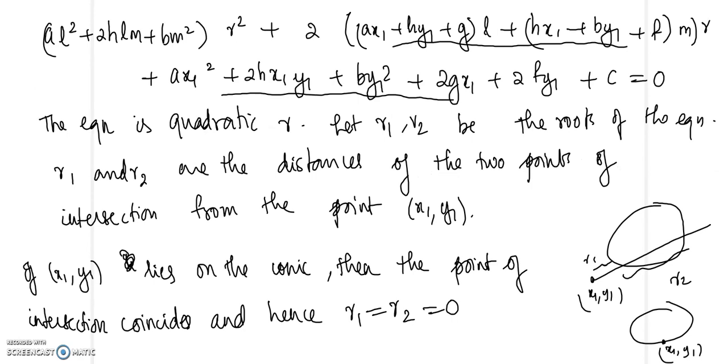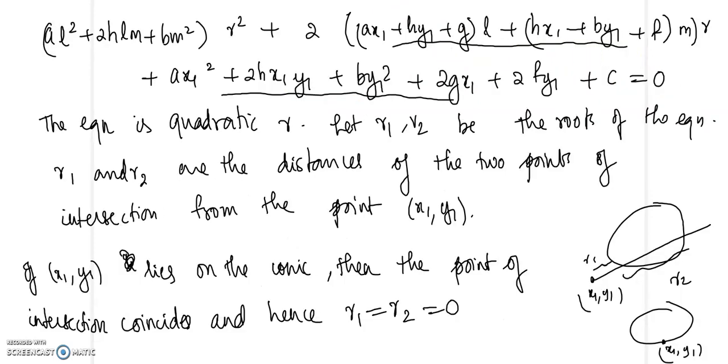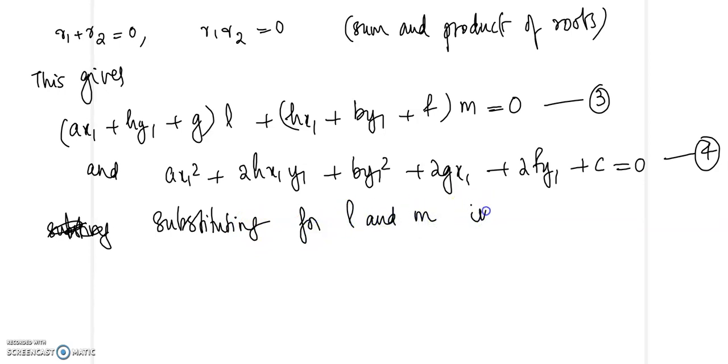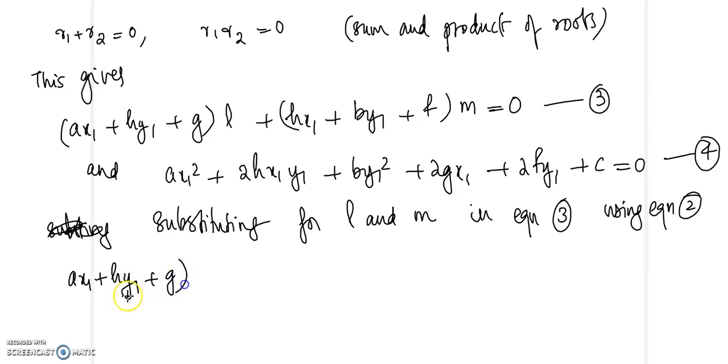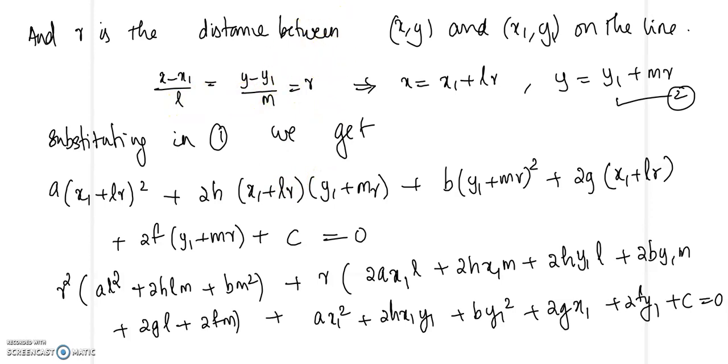So we can substitute the values of L and M from equation 2 in equation 3. Okay, so that gives ax1 plus hy1 plus g, and L will be x minus x1 by r.